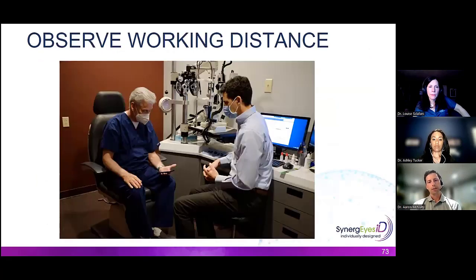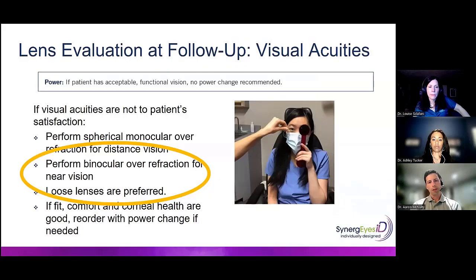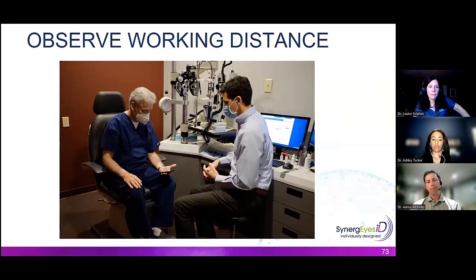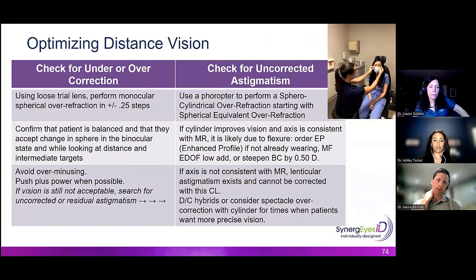Loose lenses are preferred, so you're not behind the phoropter, and it's plus minus a quarter. It's typically a pretty quick deal. Make sure we're not over-minused, and push a plus quarter if they'll take it at distance. Always be careful to observe the working distance. Here we have a lap reader, but we need to know where these people are working in their real world, and use that to our advantage at near.